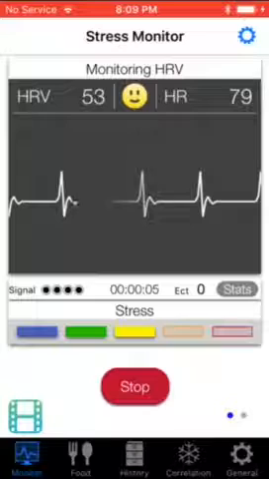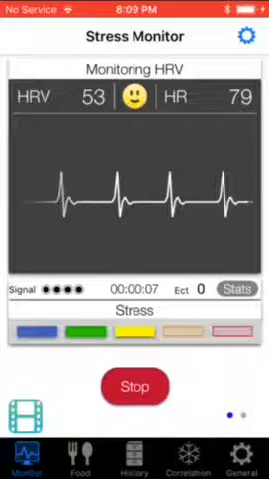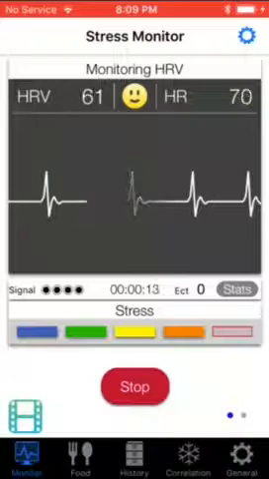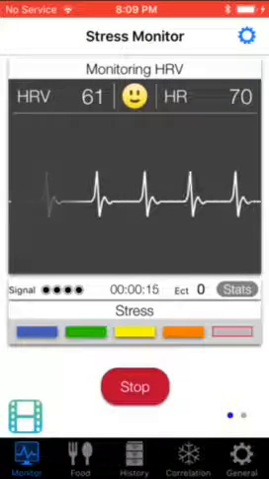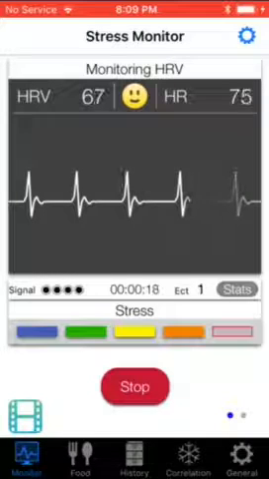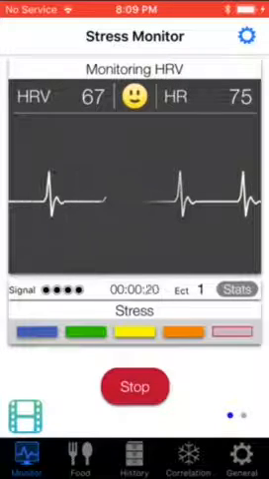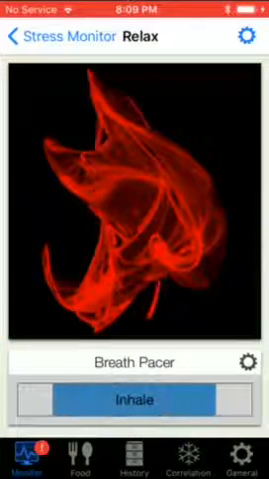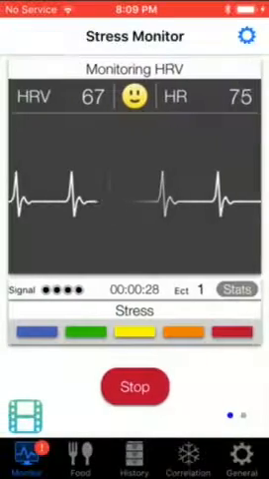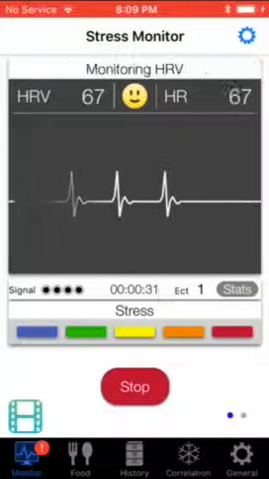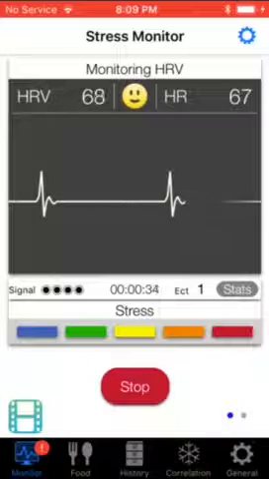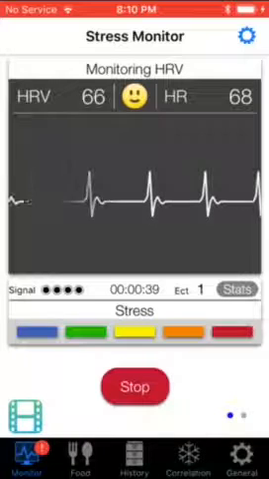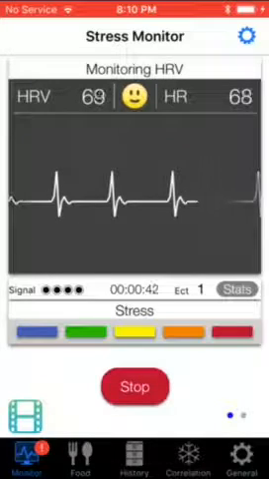Basically, heart rate variability is the measurement of the differences in interbeat intervals. So your heart doesn't beat like a metronome. It has a little bit of difference in the intervals between the beats.